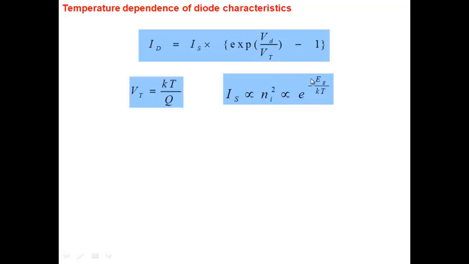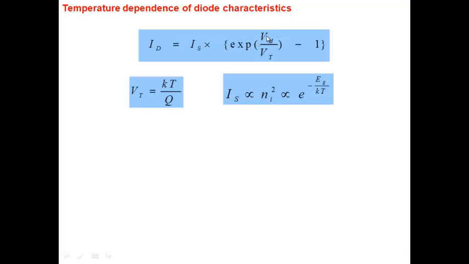So the first term, IS, is going as e to the power minus Eg by kT. The second term is going as an exponent, and kT by q is also the thermal voltage. So the first term is going as e to the power minus Eg by Vt, and the second term is going as e to the power Vd by Vt. Now, Eg is how much? The band gap of silicon is 1.12. And the typical diode voltage is 0.7.